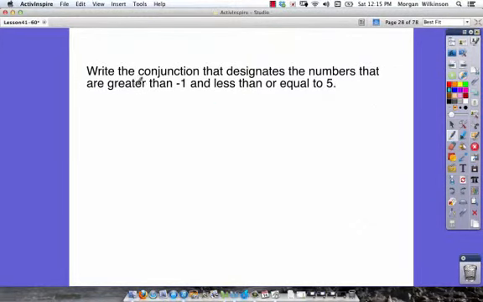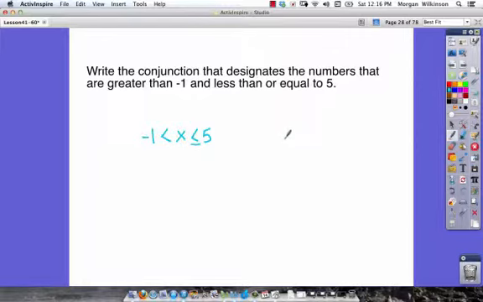Alright, now we want to write the conjunction that designates numbers that are greater than -1 and less than or equal to 5. If they're greater than -1, we're going to say -1 is going to be less than x. Because x is greater than -1, we can write it in the opposite direction, and less than or equal to 5.